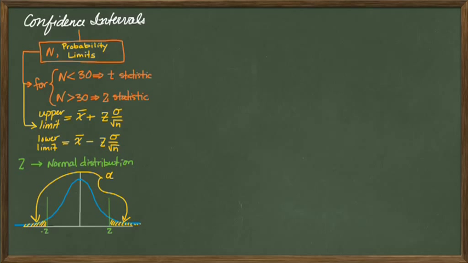In other words, the area under the curve from negative infinity to negative z plus the area under the curve from z to positive infinity. The summation of those two areas is our alpha, and that alpha represents how much uncertainty we're comfortable ignoring when we report this value.